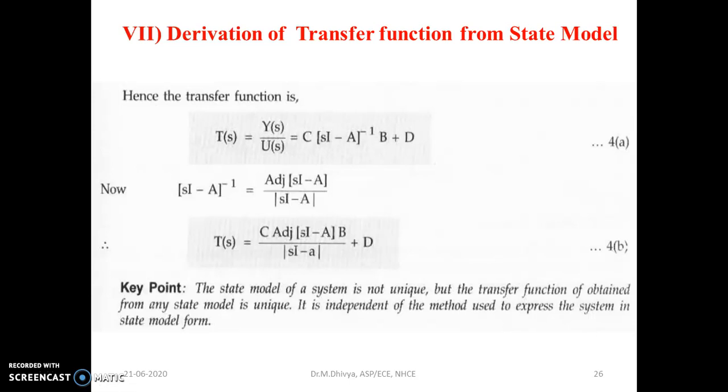The state model of the system is not unique because at each and every instant of time, the states vary according to the variables considered. But the transfer function obtained for the corresponding state model will always be unique.